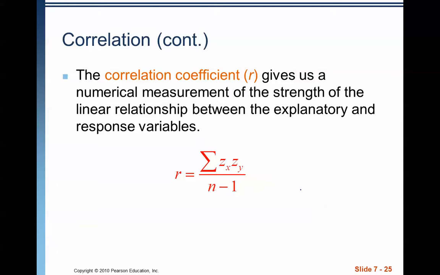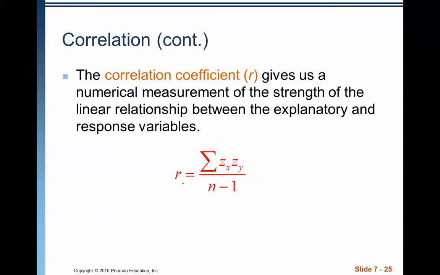So looking at those points, we have a formula that actually lets us calculate a number. We're taking the sum of the product of all z-scores and dividing it by n-1. That gives us the R value here. Most times you will not actually have to compute the sum of the products. You're going to use your calculator to find that correlation coefficient.